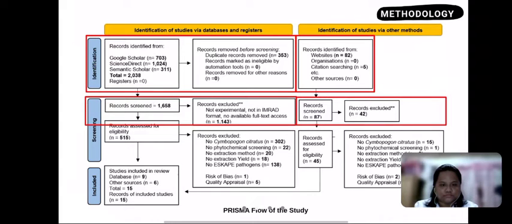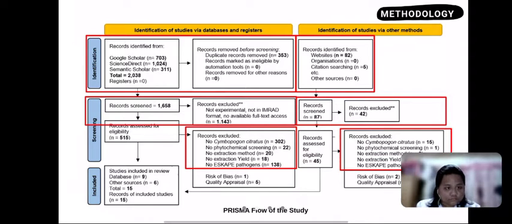Among the 515 identified and initially screened records from the databases, 302 papers were excluded, having no Cymbopogon citratus, another 22 removed for lacking phytochemical screening, 20 having no extraction method, another 18 with no extraction yield, and 138 as well having no ESKAPE pathogens, all in all amounting to 500 papers and leaving 15 papers eligible for the next steps. On the other hand, the same process was conducted with other records, with 34 papers removed, leaving 11 papers eligible for the next steps.